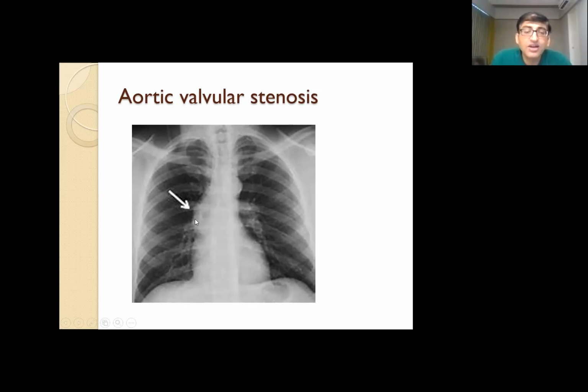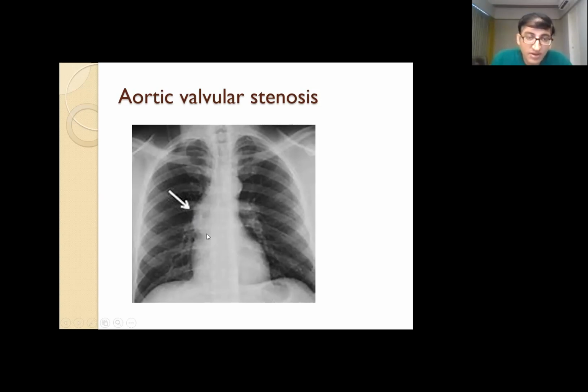Normally the right SVC forms the right border of the heart, and just to the left of the SVC there is the ascending aorta. But because the ascending aorta has dilated, it shifts outside, forming the right border of the heart on the chest X-ray.